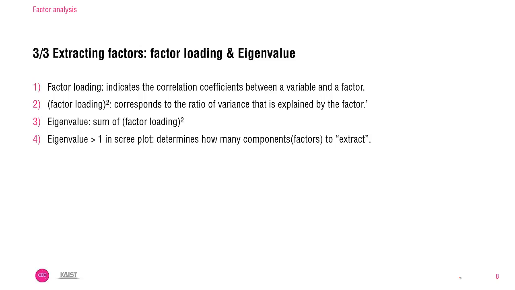When we add up the squared factor loadings, we can calculate the eigenvalue. When the eigenvalue is bigger than 1, and in the scree plot you can observe it more easily, then, based on that criterion, you can determine how many factors you can extract or had better extract.